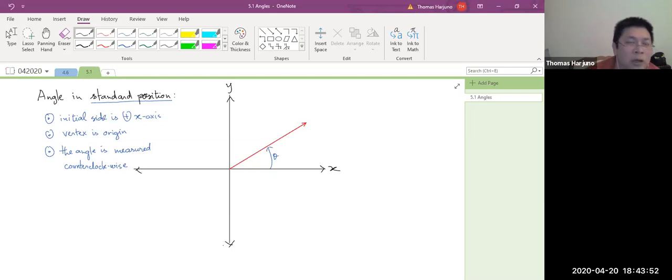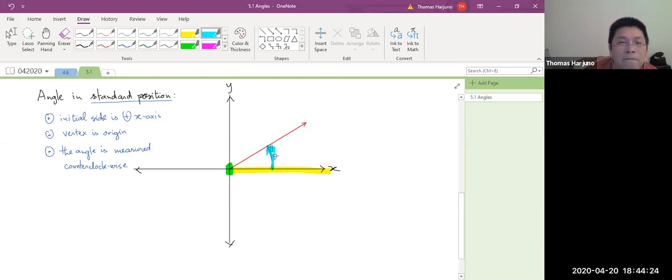No need, because we have a convention that unless otherwise said, the angle must be in standard position, which means the initial side is the positive x-axis, the vertex is the origin, and the direction of the angle is counterclockwise.